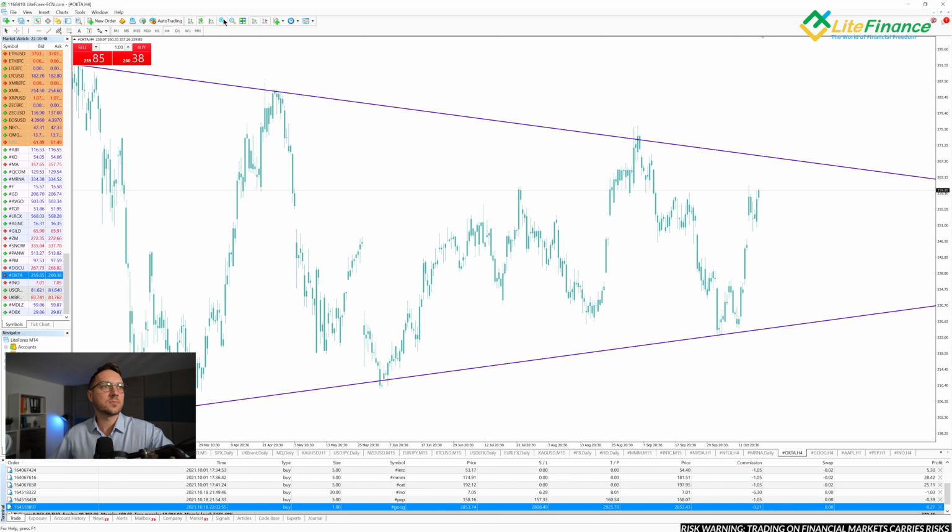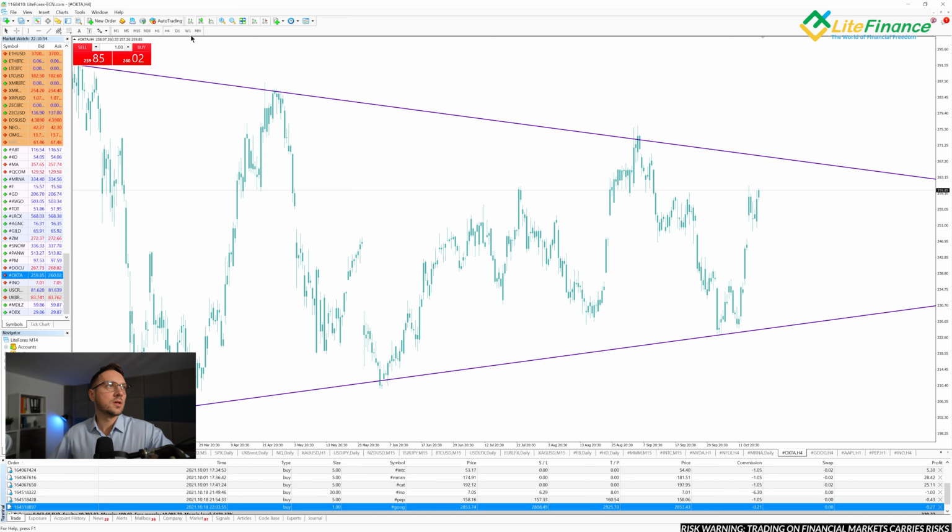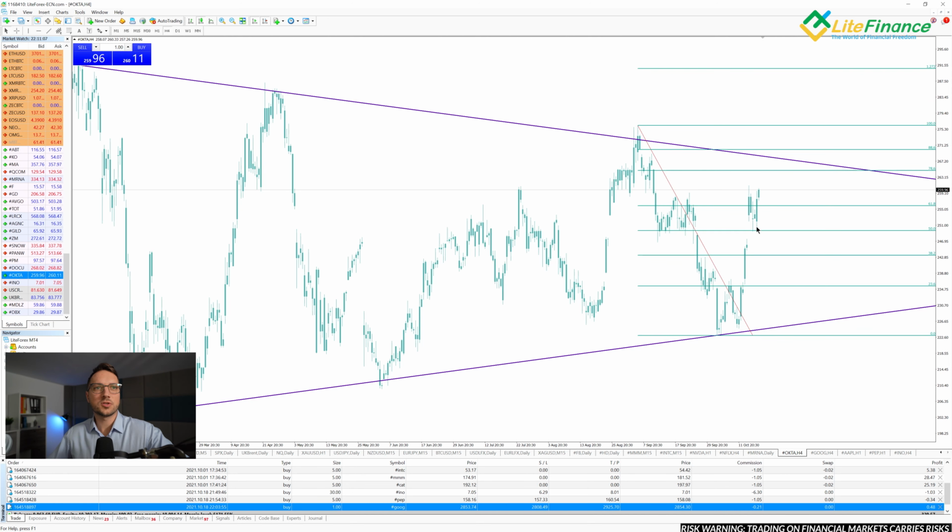If we zoom in on the chart and measure this whole move to the downside, to which this upside move is a correction, right?